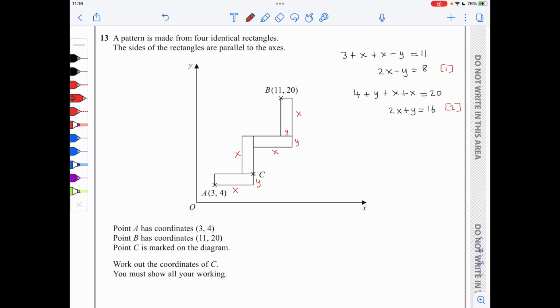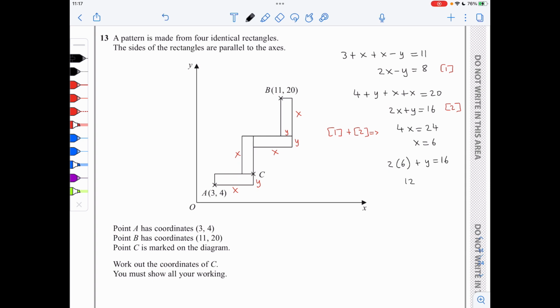I could add the two equations, so 1 plus 2 will give me that 4x is equal to 24, and therefore x is 6. So 2 times 6, I substitute into the second equation. For example, 2 times 6 plus y is 16.